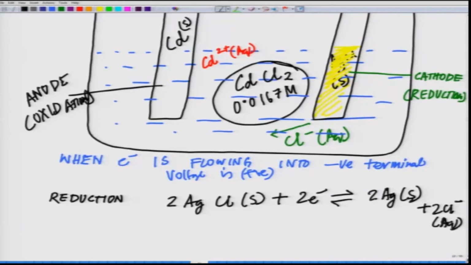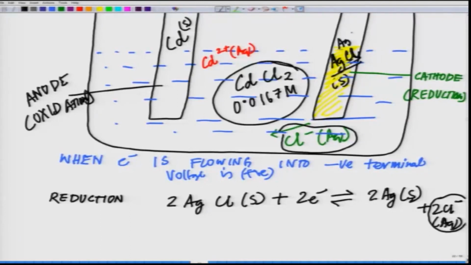Now, let us start with this term. Here you are having chloride aqueous and Ag. So, this is your AgCl electrode. On the AgCl electrode, you are having Ag solid.